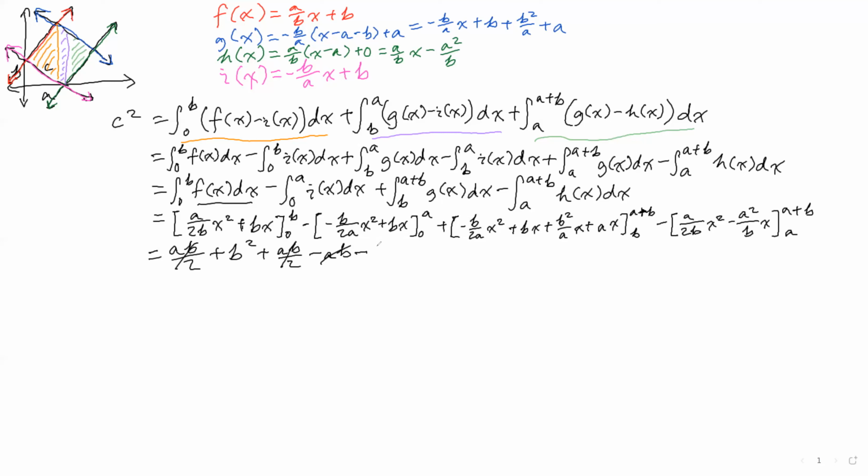Minus b over 2a times a plus b squared, plus a plus b times b would be ab plus b squared, plus b squared over a of a plus b, b squared over a times a, which is b squared, plus, get this, b cubed over a plus a squared plus ab when we distribute that last term.